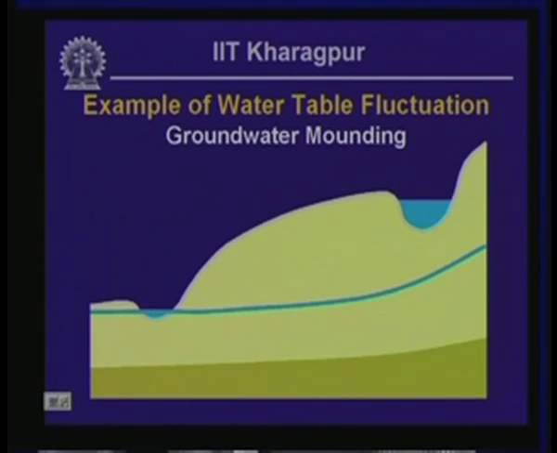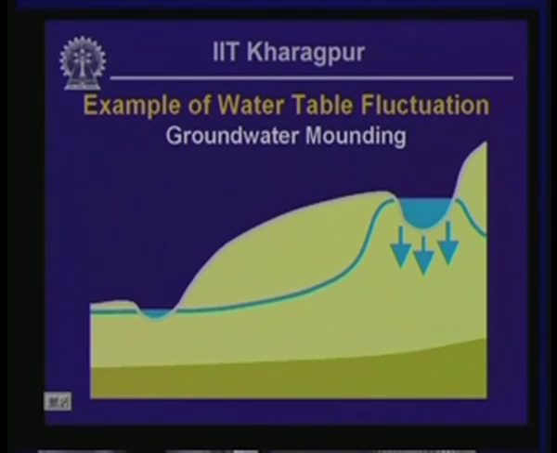So once the stream becomes full, because of recharge, the groundwater table is going to rise in that manner, and what you are going to have is a temporary rise of the groundwater table, and then after the stream dies, the groundwater is going to get back to the original lower position. Okay.